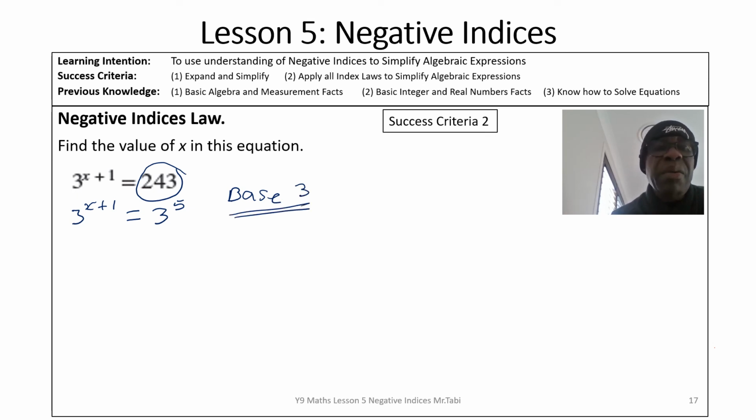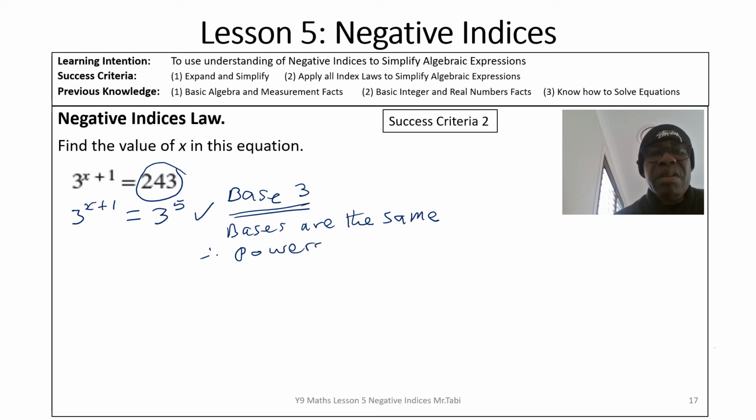So we can equate powers. This is the most crucial step. Once you've been able to write this, the bases are the same, because on both the left-hand side and the right-hand side they are the same. Therefore, powers are equal.